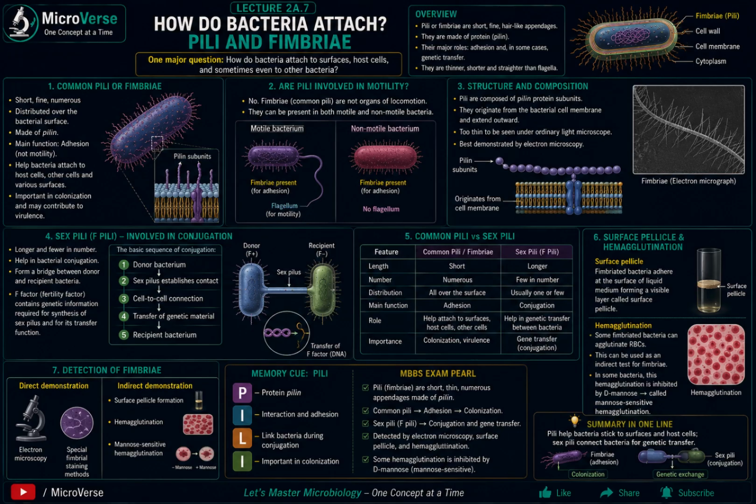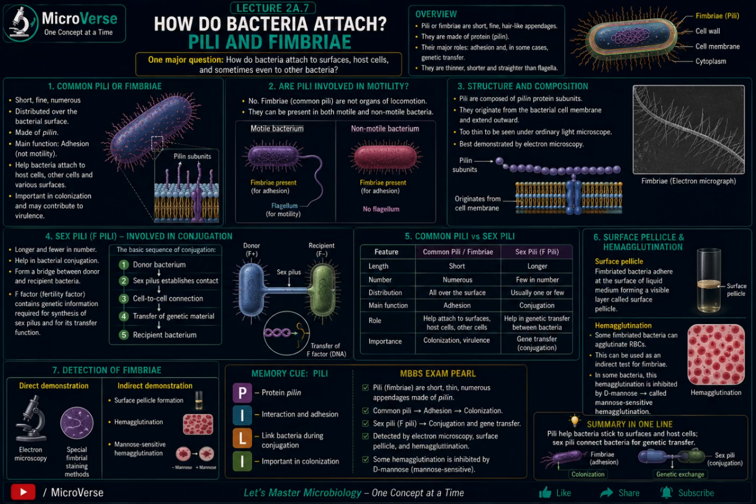When many fimbriated bacteria grow in liquid medium, they can adhere to each other and to the surface or interface, producing a visible layer called a surface pellicle. So, in short, remember this flow: fimbriae help bacteria stay, then attached bacteria accumulate, then a surface pellicle may form.